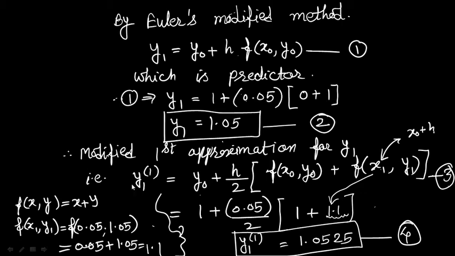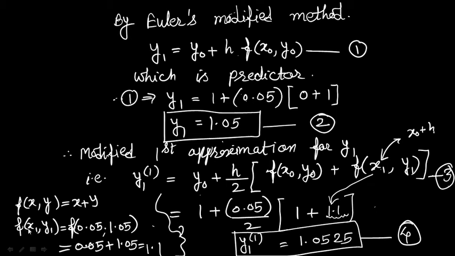Now we find y1(1), that means the modified first approximation of y1: y0 plus h by 2 times f(x0, y0) plus f(x1, y1). Here x1 means x0 plus h, and f(x, y) is x plus y.